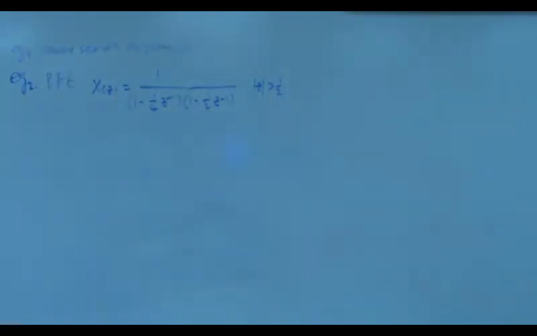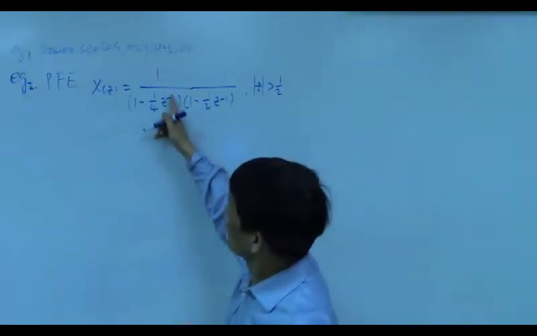So how do we find the inverse z-transform for this one? This is rational, so we need to use a partial fraction expansion, and we treat z to the negative 1 as one variable.